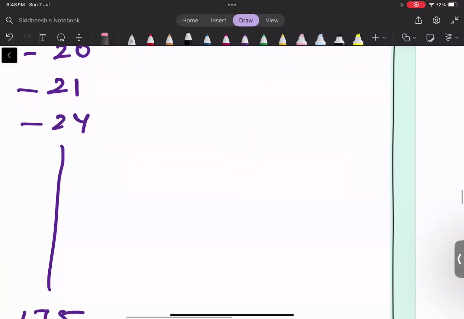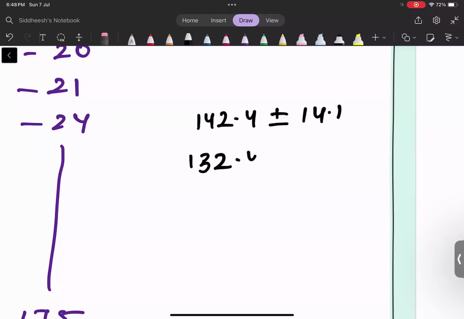The most common problem I'm getting nowadays is people are doing statistics on their own without knowing the basics first of all. So I got data, suppose 142.4 plus minus 14.1. Let's take one more, that is 132.4 plus minus 140.24. Correct?